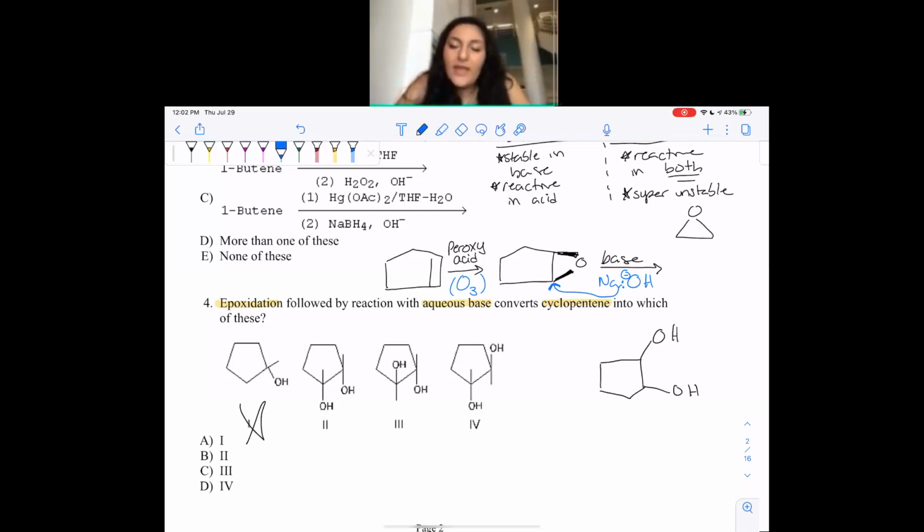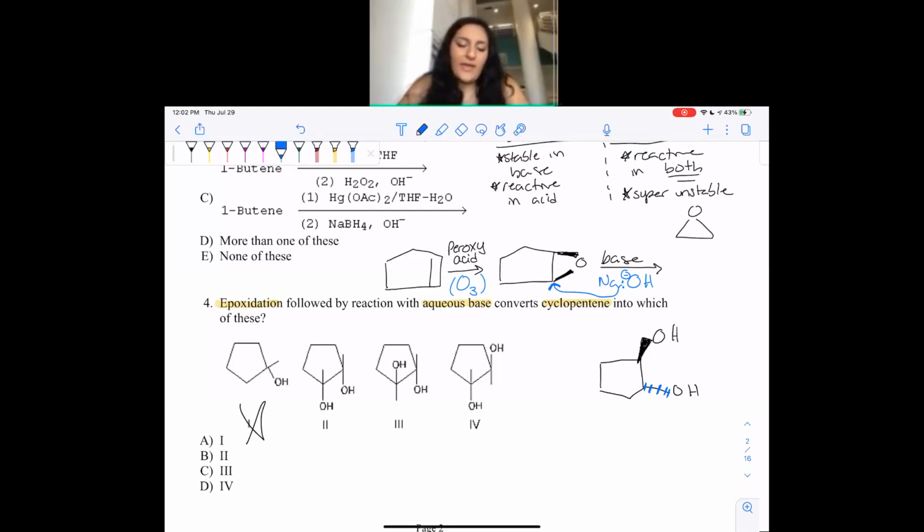Is that nucleophile going to be added to the wedge side, the same as this, or to the dashed side? Dashed, exactly. So the point of what he's asking here isn't really about the epoxide. It's about knowing this side will stay wedged and this one will become dashed because it attacks from the opposite side.